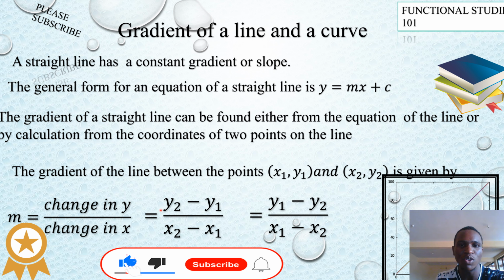So this one will now become -y2 plus y1, so that's y1 minus y2. Then down here if you multiply by -1, you will get -x2 plus x1, and that is the same as what? x1 minus x2.